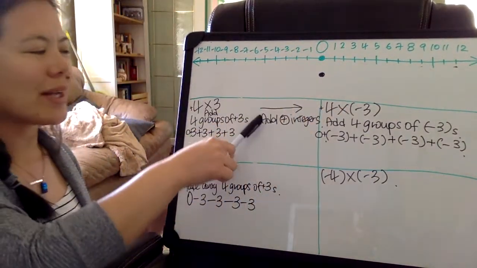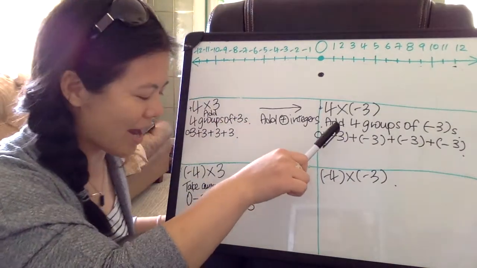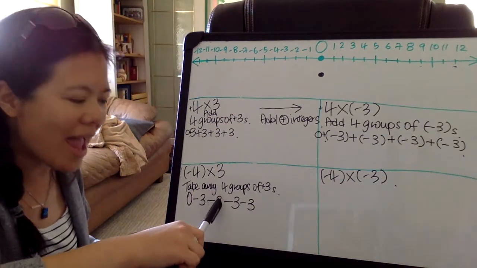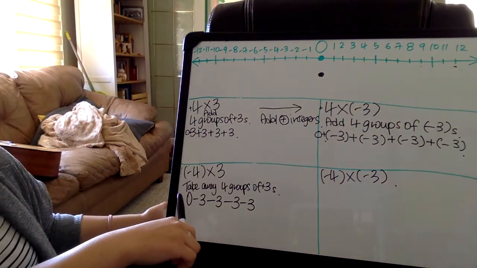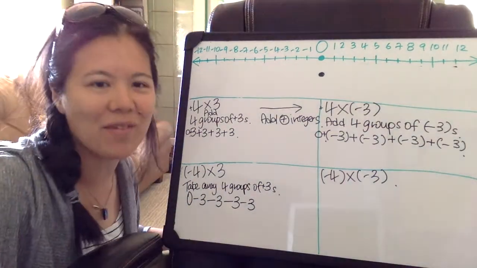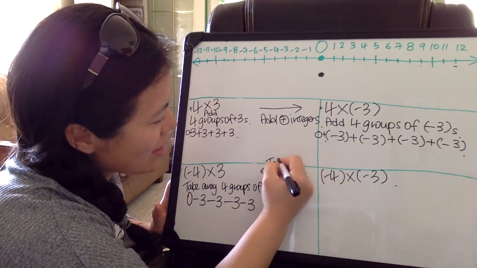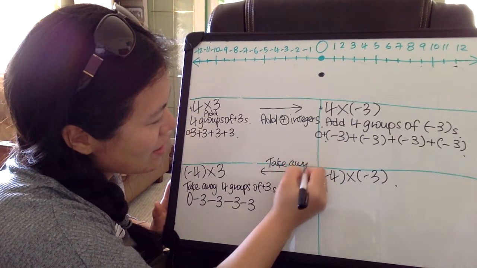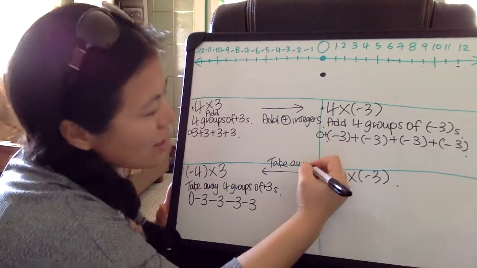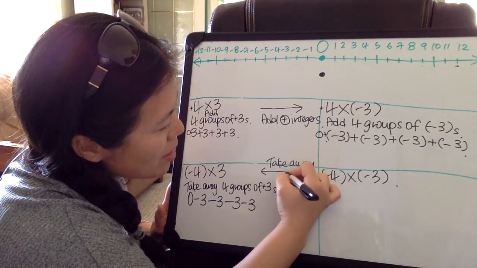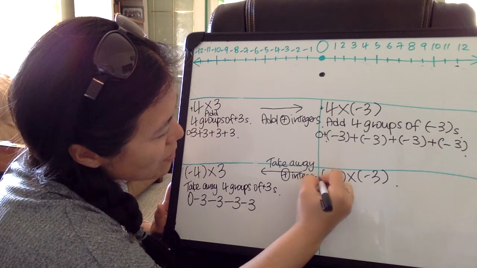So when you are adding positive 3 integers, you went this way, right? When you are taking away negative integers, oh, no, wait. No, we are taking away positive integers. We went this way. So this was take away positive integers, right?